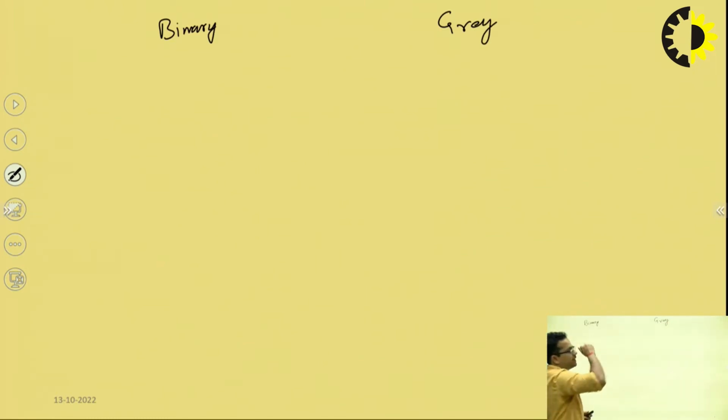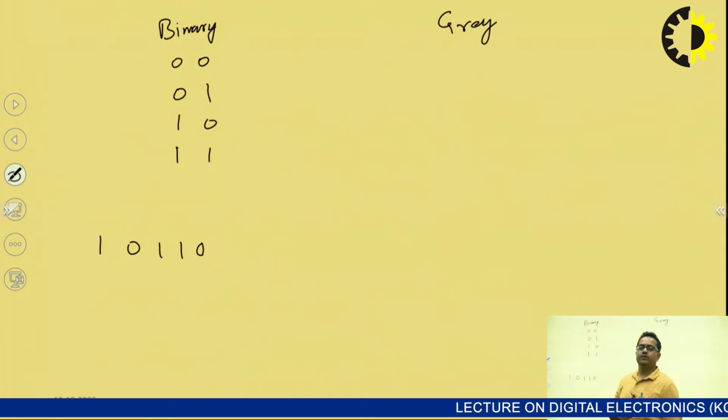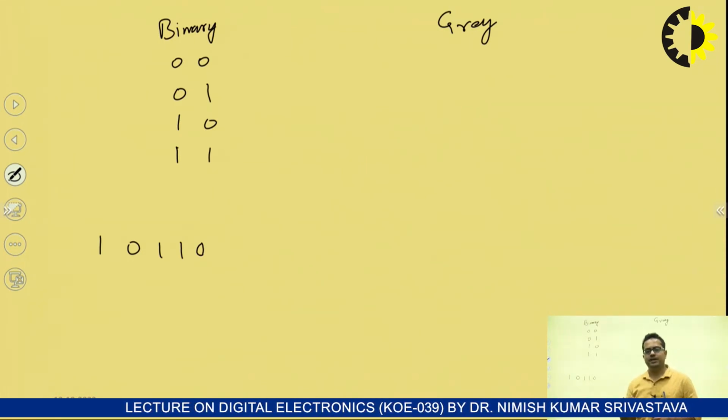Now before writing the binary and the gray code, let us first see how we can convert a binary into gray code. I will take a small example. Suppose I have a binary number 10110. This is my binary number, and I want to convert it into a gray code. What are the steps that I have to follow?